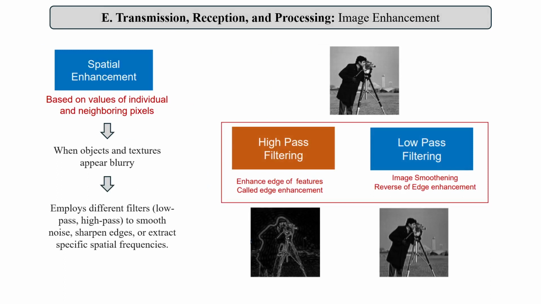In this image, we have applied two different kinds of filtering. The first one is high pass filtering, which enhances the edges of the feature. You can see the boundaries have been enhanced, and the low pass filtering smoothens the picture.